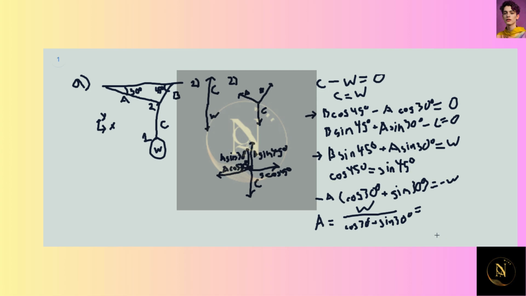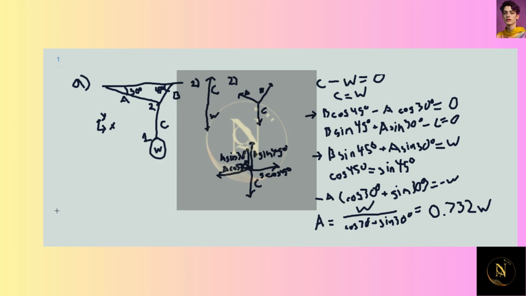When you plug in the numbers for cosine of 30 and sine of 30 degrees, you get that A is equal to 0.732 W.